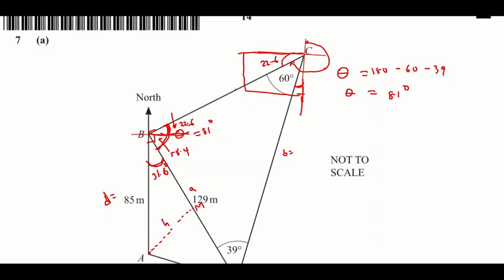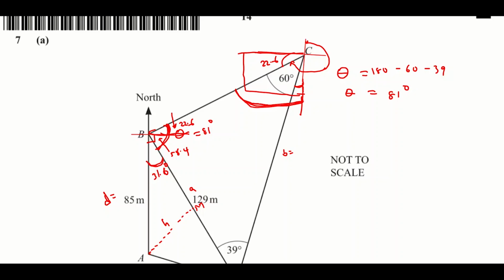I need the whole of this angle, so I can just subtract 22.6 from 90. It will give me the whole of this angle from here to here, and that is what I need. Then I can now add them together, that is when I find this angle.